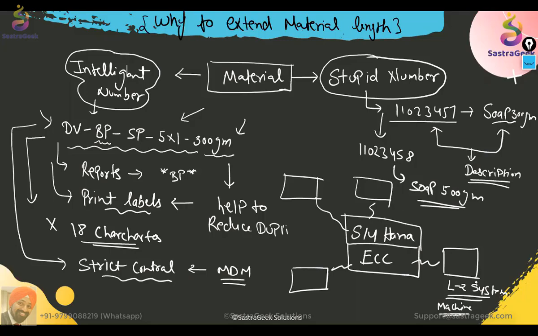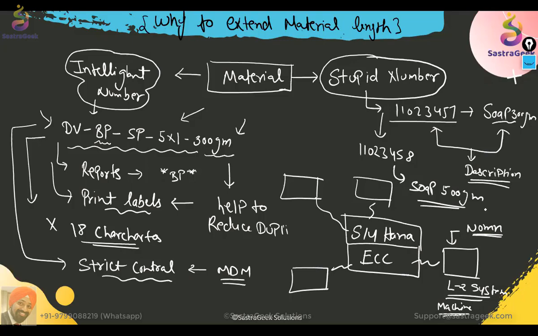So we wanted to use that intelligence and link our ECC system to this L2 system, but it had its own nomenclature. In this nomenclature, the metallurgical details, like the amount of iron and magnesium, were also included in the material number itself.